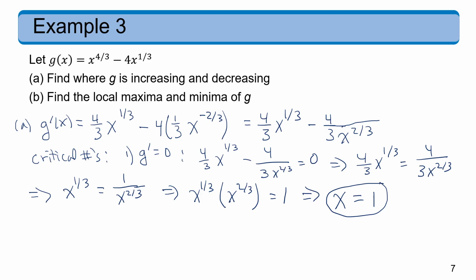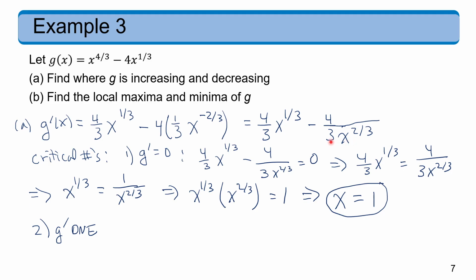The second way to get a critical number is values that make g prime undefined. Now look back at the formula we had for g prime up here. This first term, where x to the 1/3 is like the cube root of x, you can take the cube root of any number, positive, negative, or 0. So this is defined for all x.